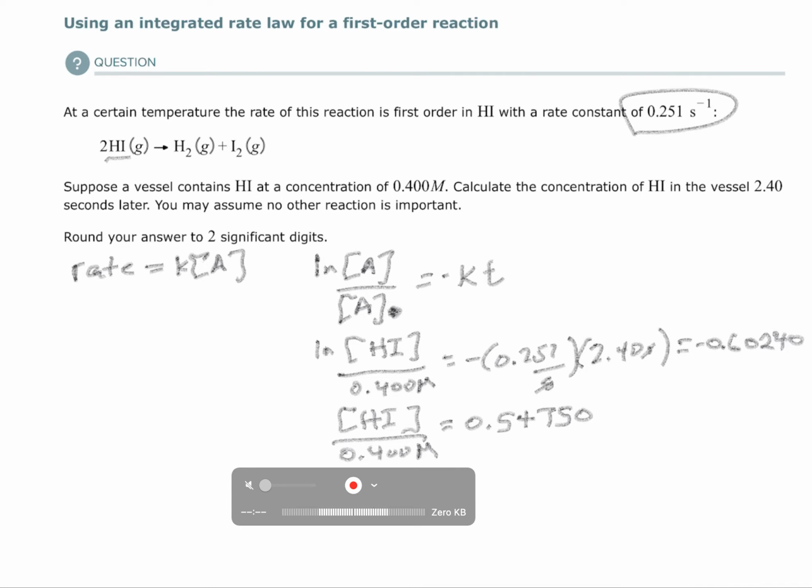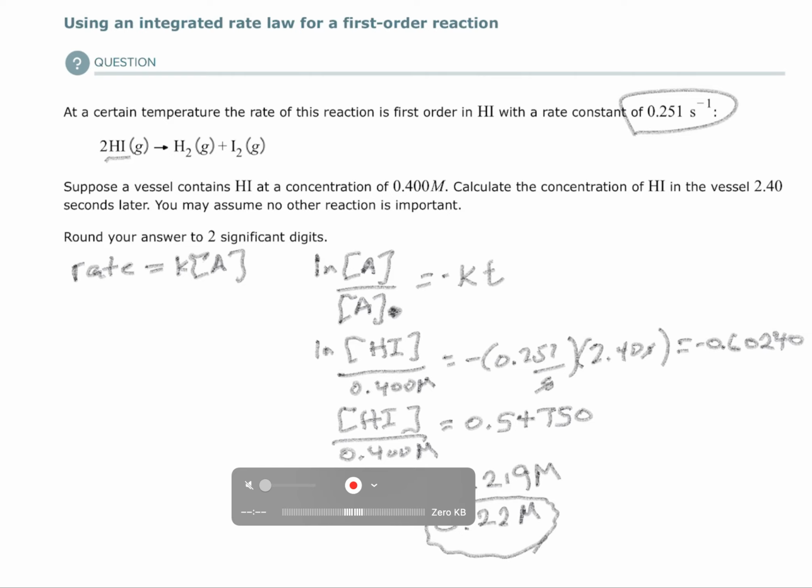When I multiply that, I get the concentration of the acid equals 0.219 molar, because I'm going to bring my molarity up. And now how many significant digits do I want? I want 2. So to 2 significant digits, I've got 0.22 molar concentration.